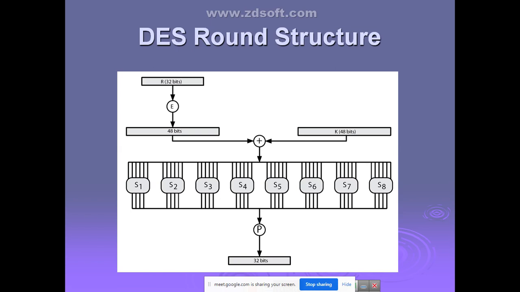See how this substitution performs, how it reduces the 48 bit data into 32 bits, that we are seeing now. This substitution function consists of 8 S boxes, and each of them takes 6 bits of input. Can you see 6 lines are there on each box?